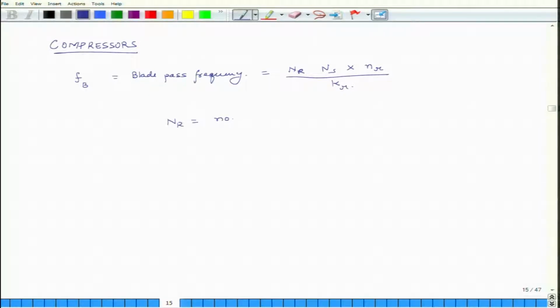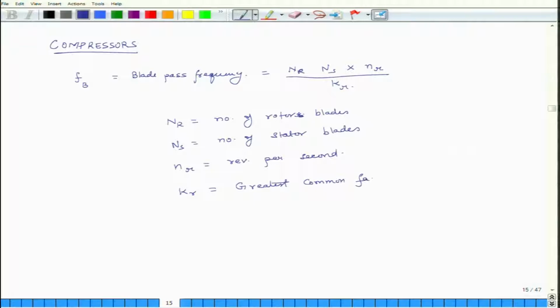Nr is equal to the number of rotor blades, and Ns is the number of stator blades, and then Nr is not RPM, it is revolutions per second, and Kr equals the greatest common factor of Nr and Ns. So, this is our relation, this is the blade pass frequency.